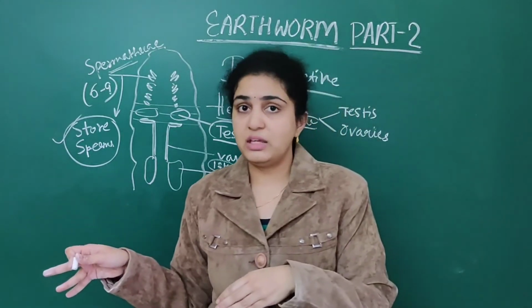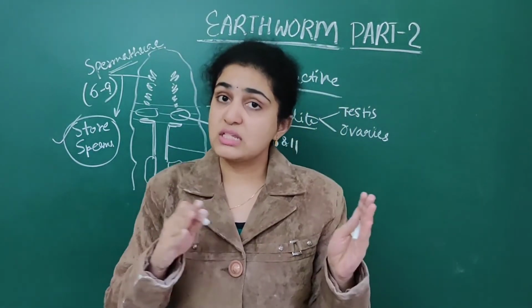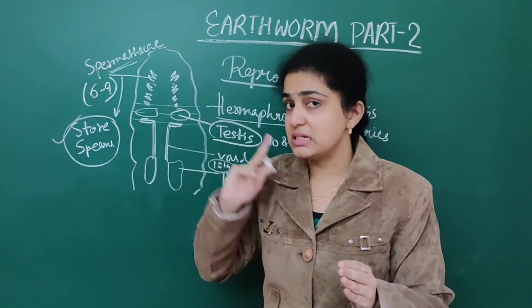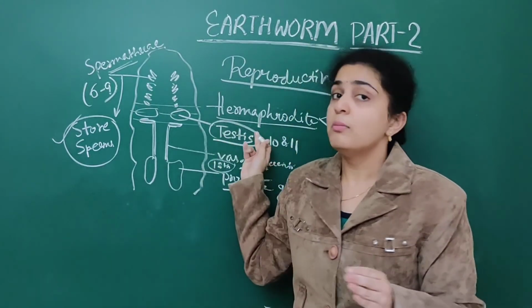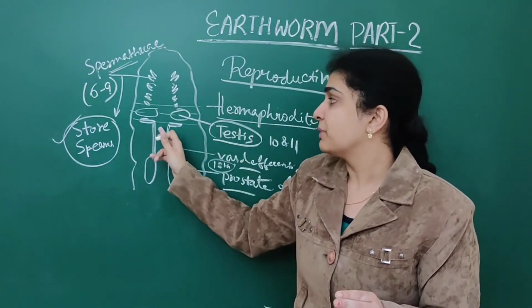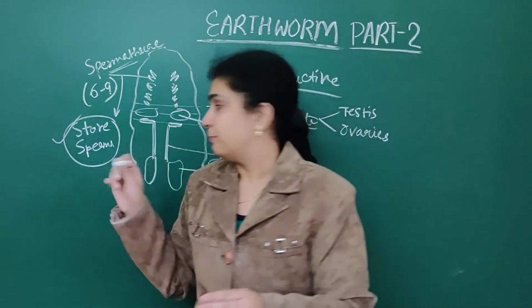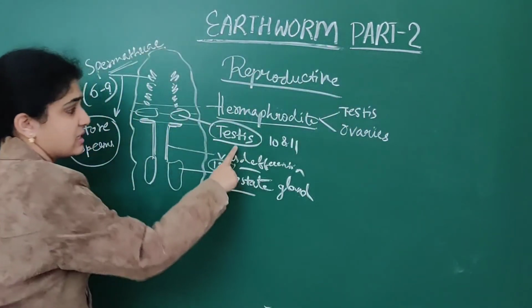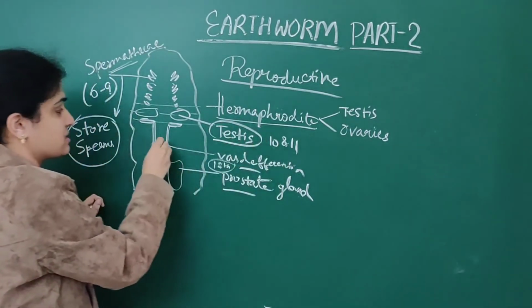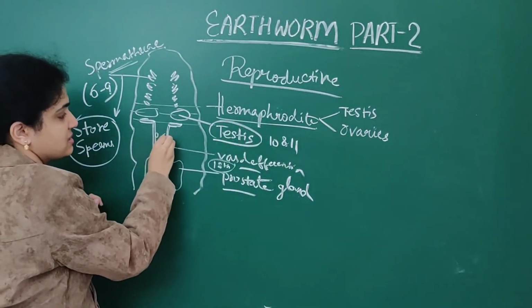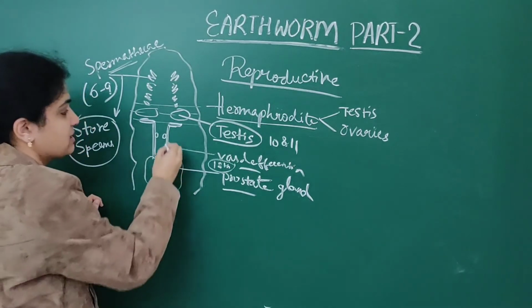Next, when you come to female organs, because in earthworm both are present in the same individual, since it is a hermaphrodite. Testes are in the 10th and 11th segments, whereas ovaries are present in the 12th and 13th segments.